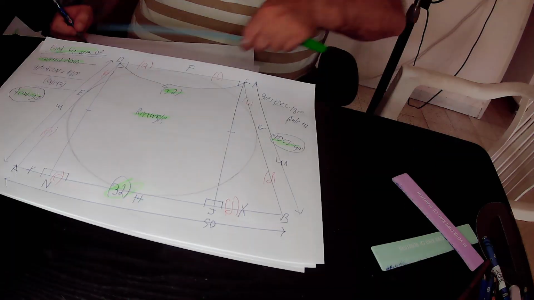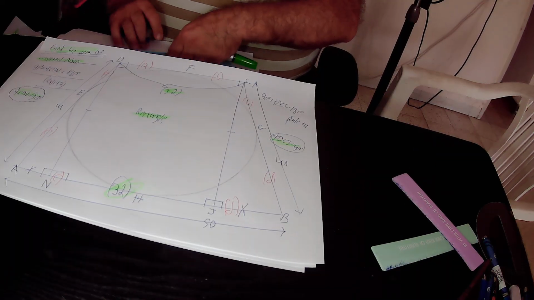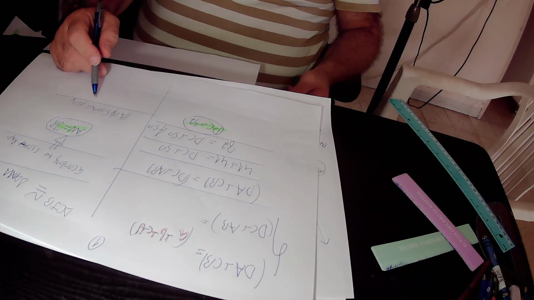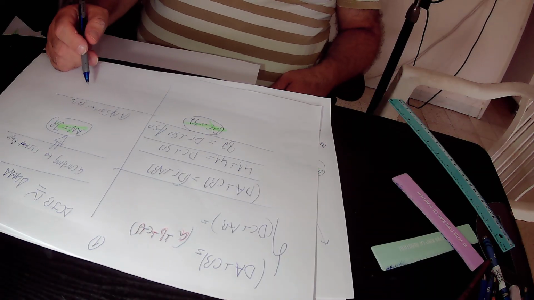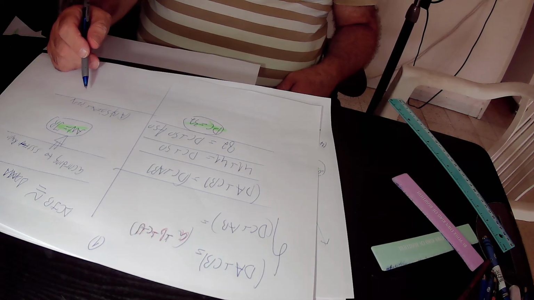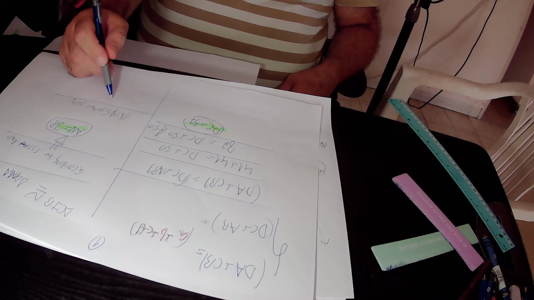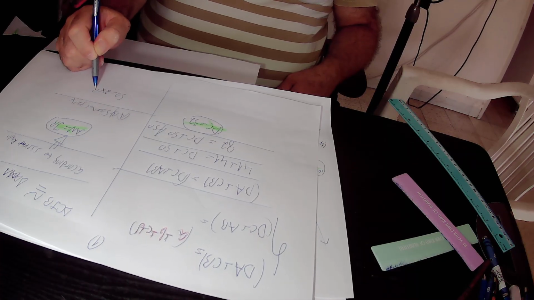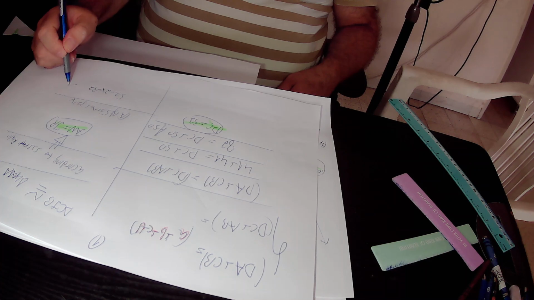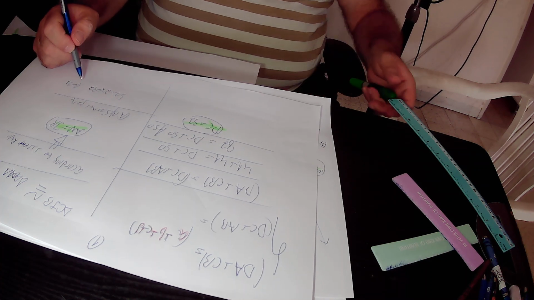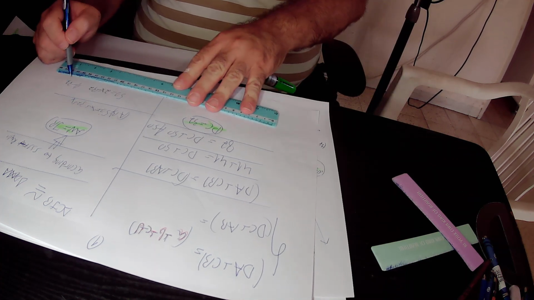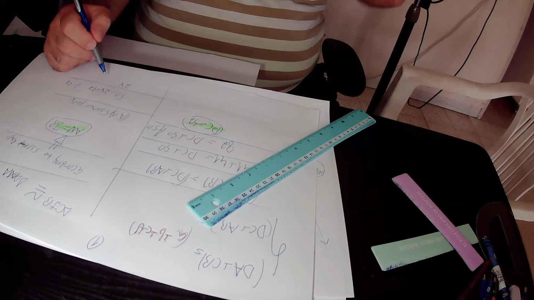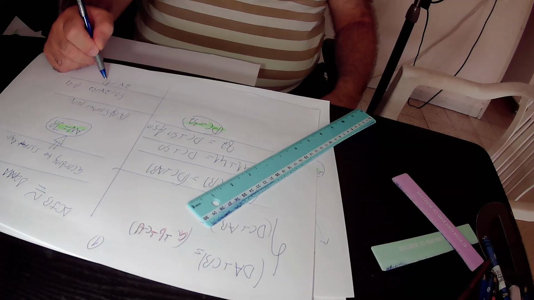So in total we found that AB equals 50 and it is equal to 2x plus 32. So from this equation we derive that 50 equals 2x plus 32. Here we subtract 32 from this equation. Finally we get that 2x equals 50 minus 32, which is 18. So 2x equals 18.